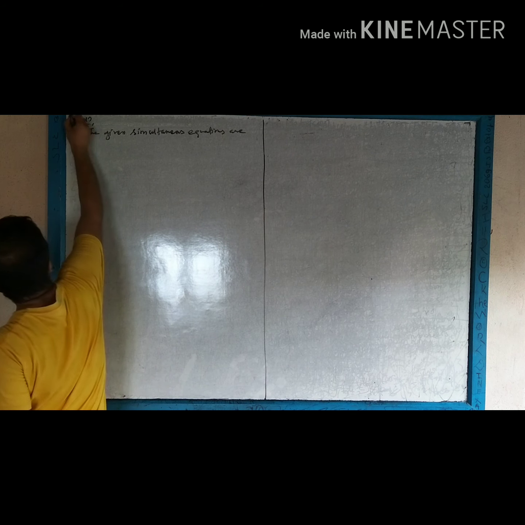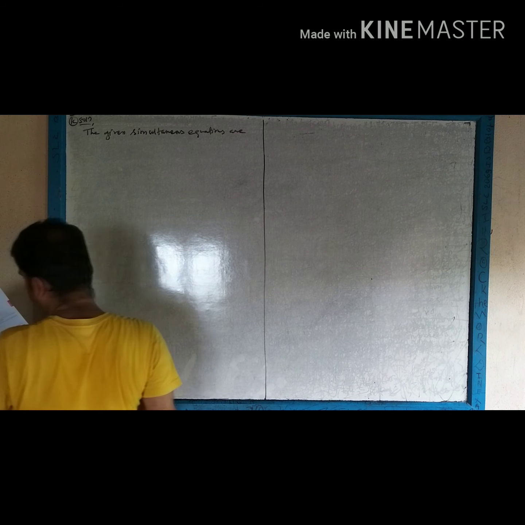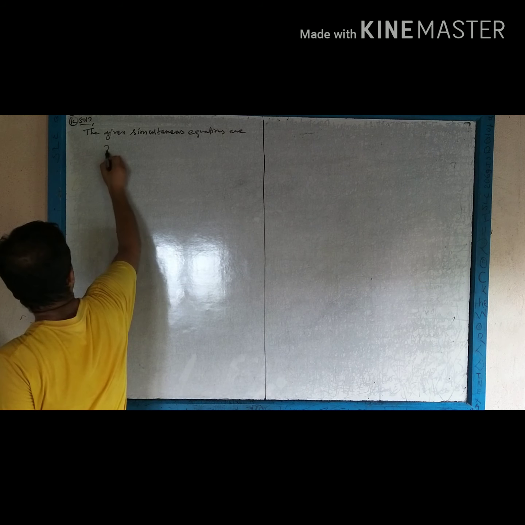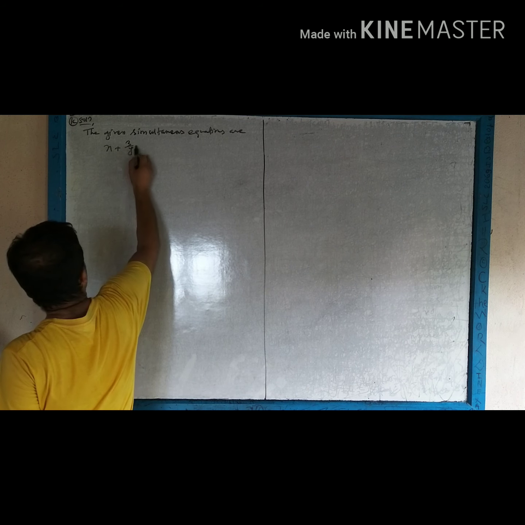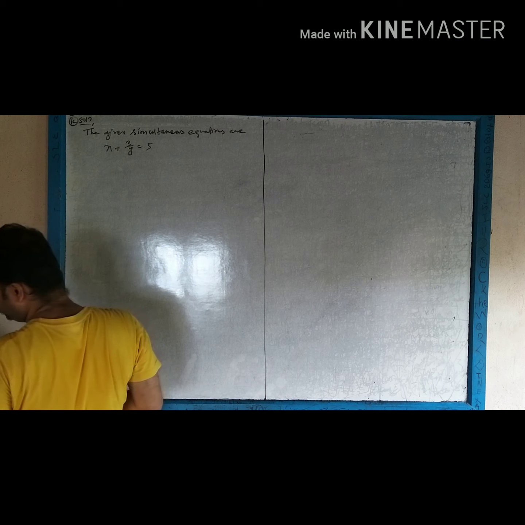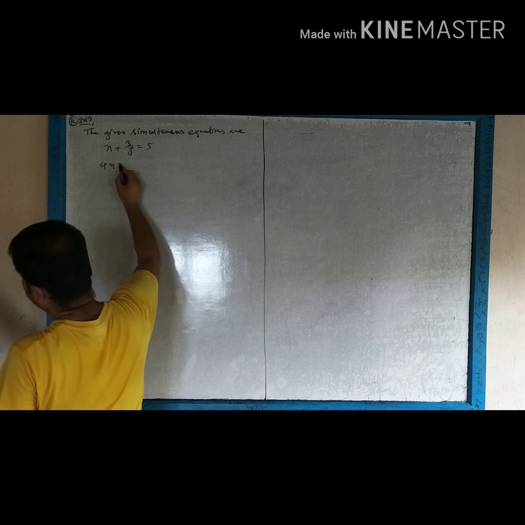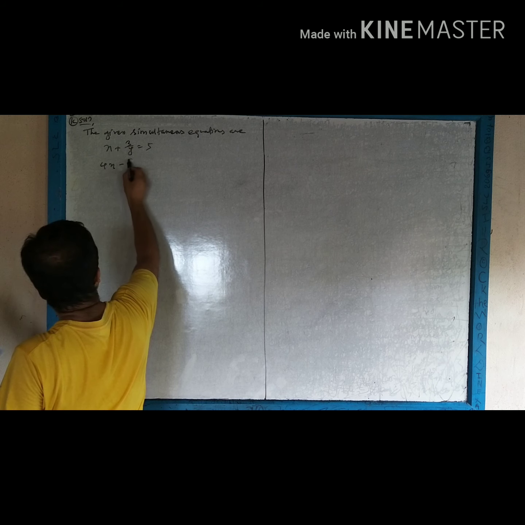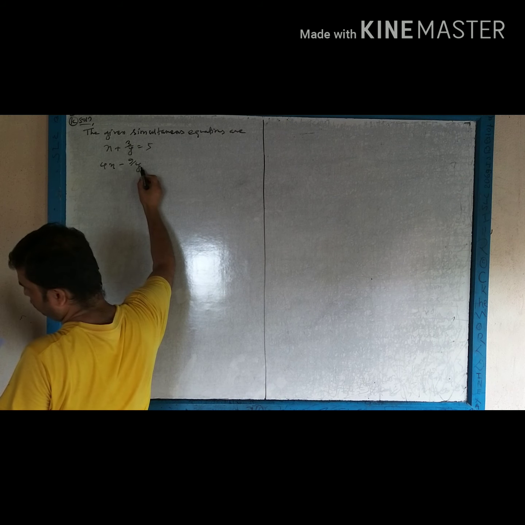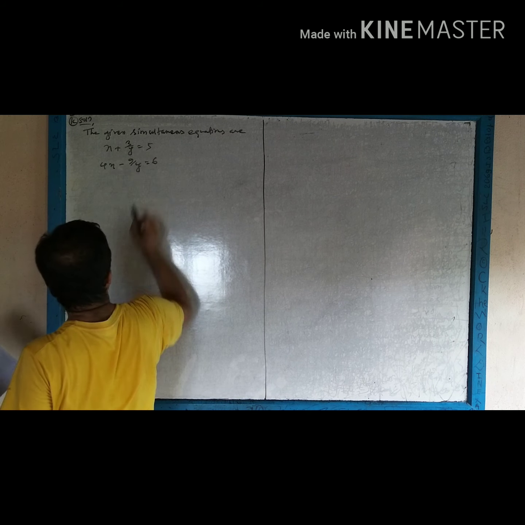2x plus 3y equals 5, and the next is 4x minus 9 by y is equal to 6.